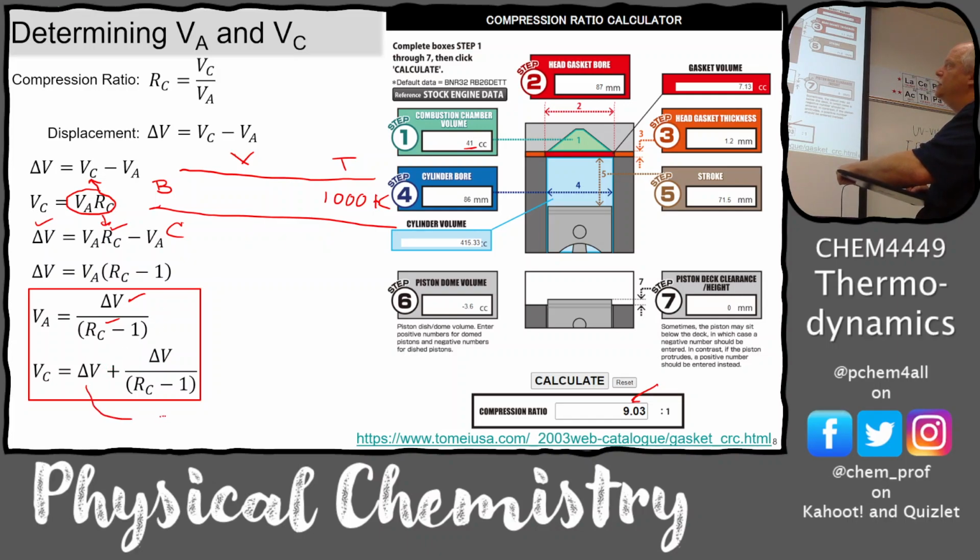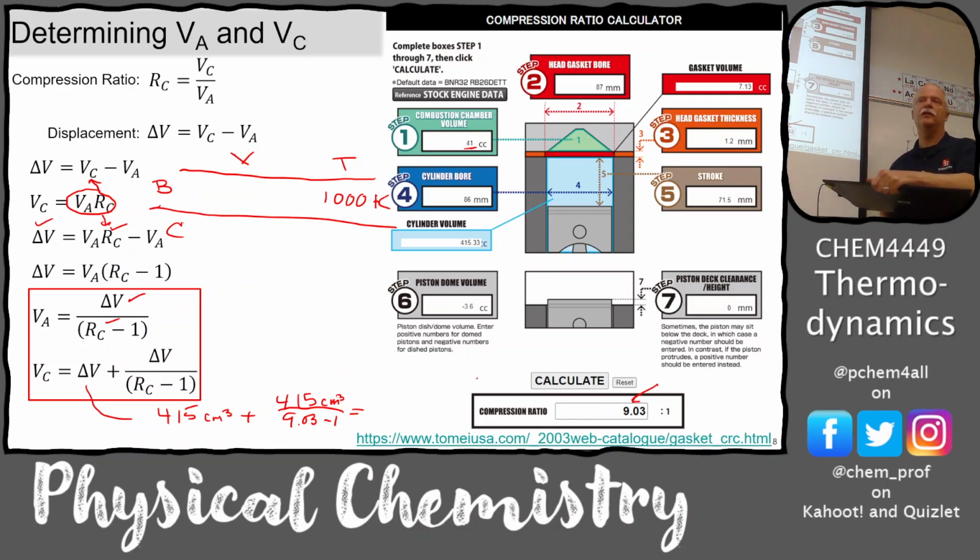VC is equal to our cylinder volume, so 415 cc's plus 415 centimeters cubed divided by this 9.03 minus 1. And the compression ratio, since it's a ratio, is unitless. So we have it in terms of volume.